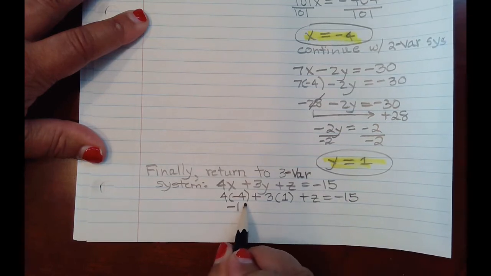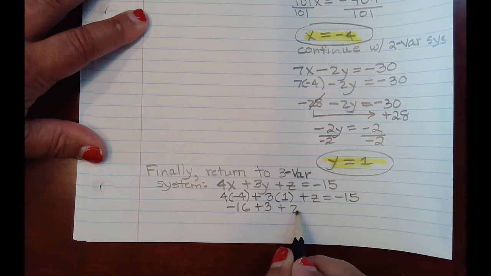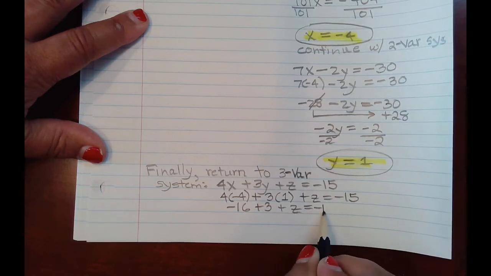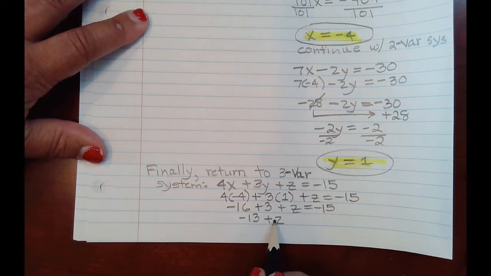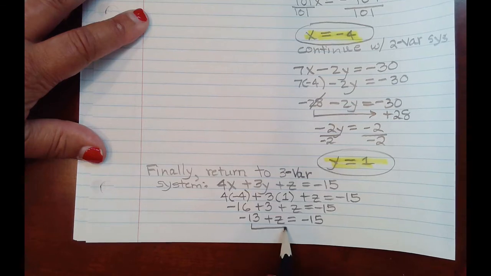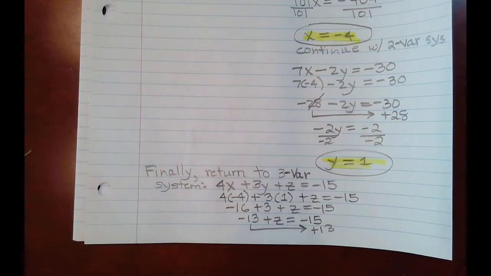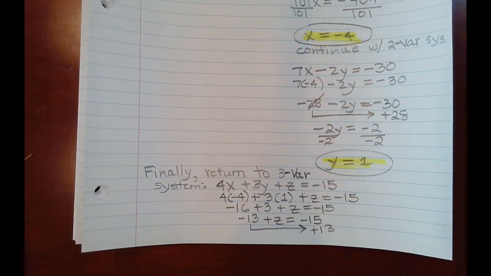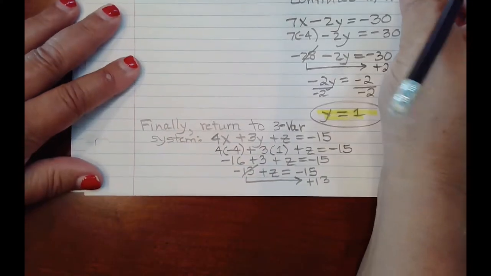So this will be negative 16 plus 3 plus z is equal to negative 15. This will be negative 13 plus z when you put the negative 16 and 3 together. And then by the time you move the negative 13 to the other side, it becomes positive 13. Okay, so at that point, you have z is equal to negative 2.